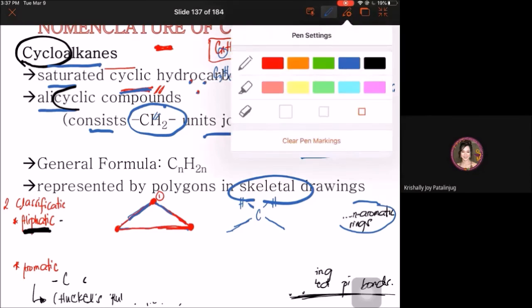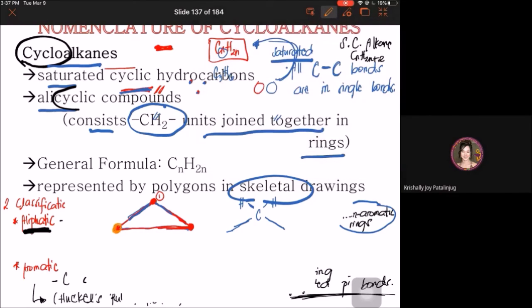Also, itong carbon highlighted with color orange, meron na din siyang dalawang bonds, towards another carbon. So, imaginary din niya is dalawang hydrogen. Tama? Then, connected siya with the other carbon here.